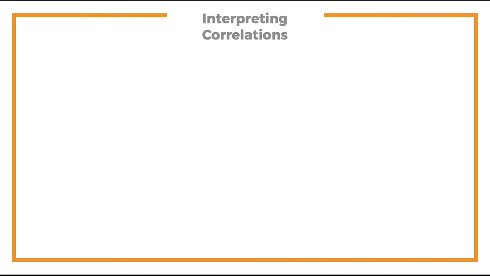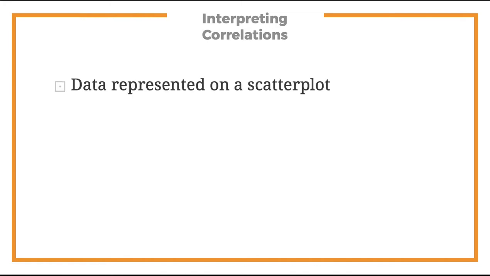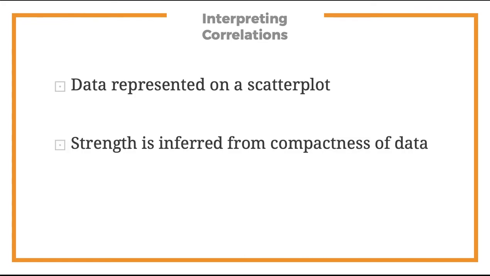So once we figure out how variables are moving, are they positive or negative, we can then figure out how strong that relationship is. And we do this by looking at what we call the correlation coefficient. We can represent this data on a scatter plot, and the strength of the relationship is inferred from the compactness of the data.